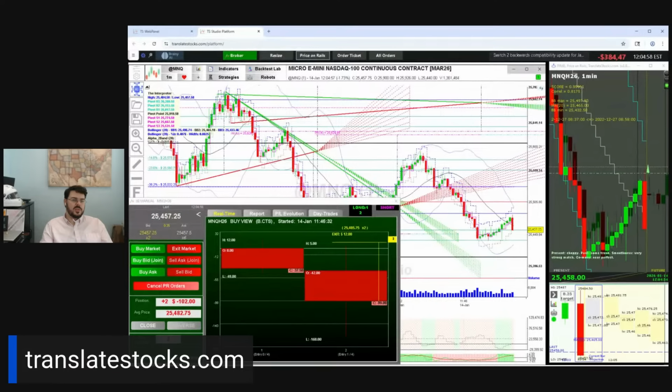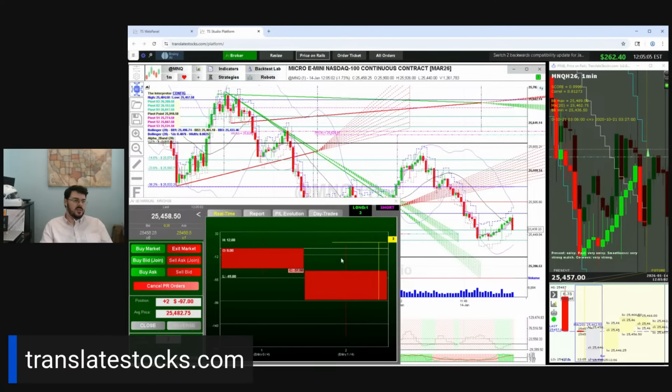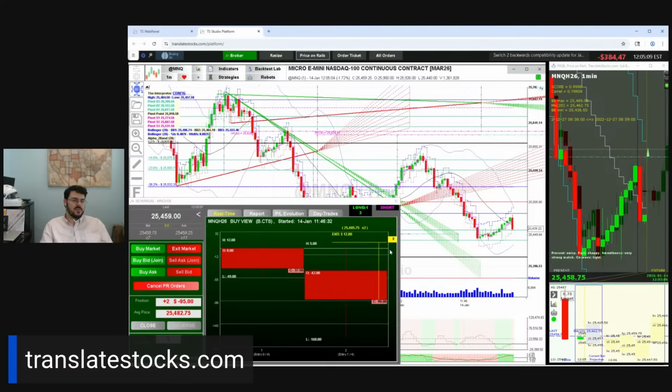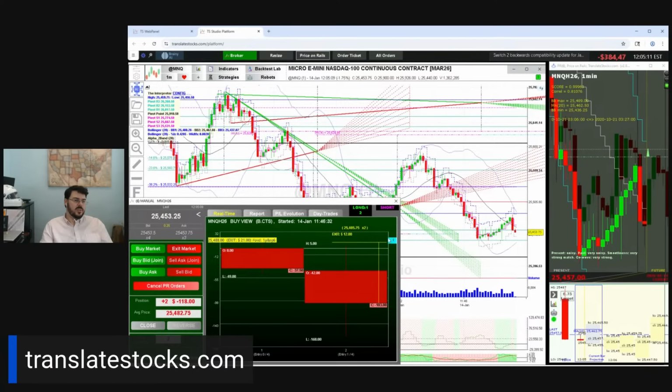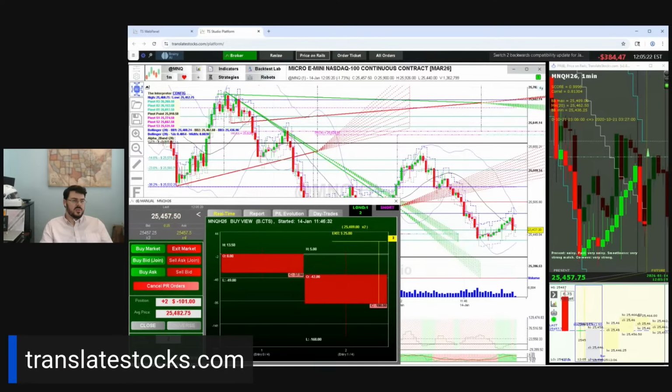Let's wait to see if it changes. 489. Our exit price is 485. So we can place this at 489, just in case the price goes to the Bollinger Bands again.